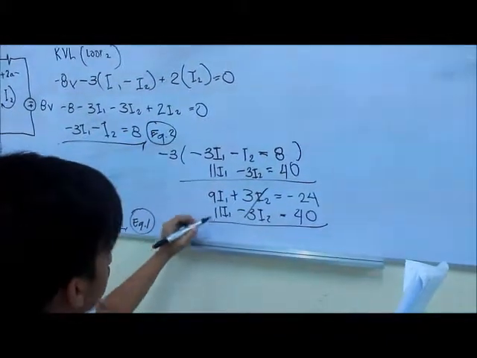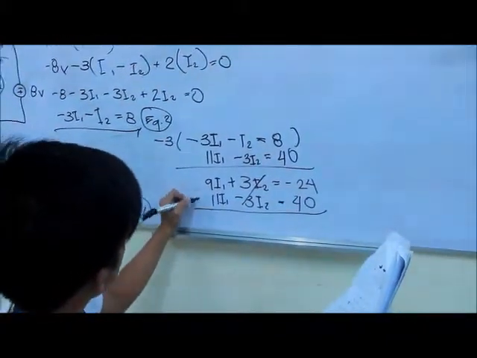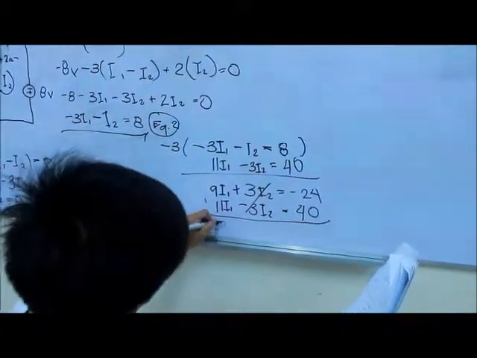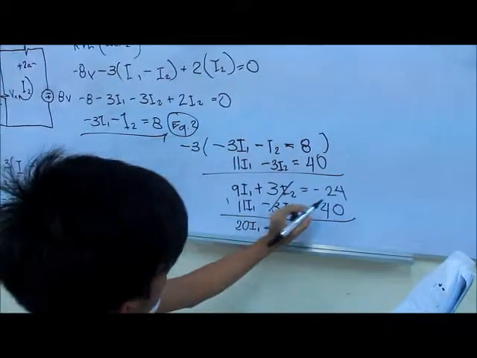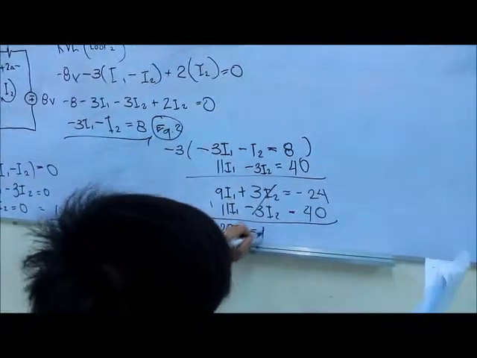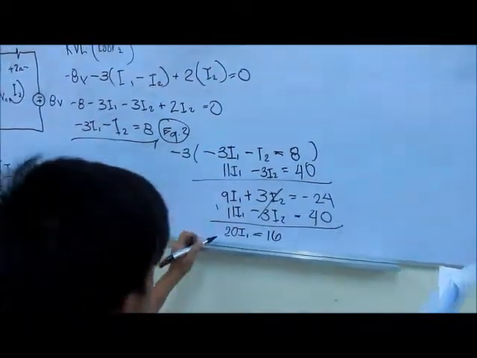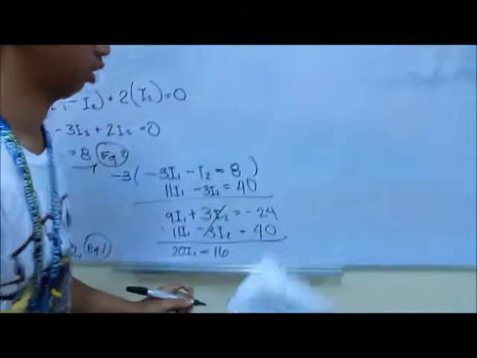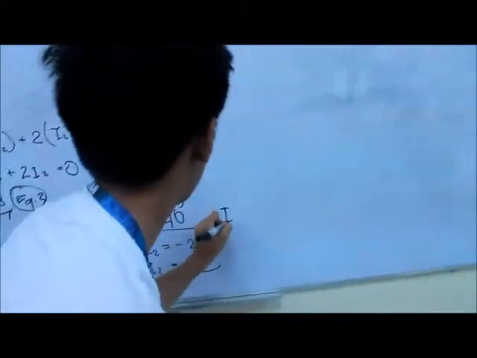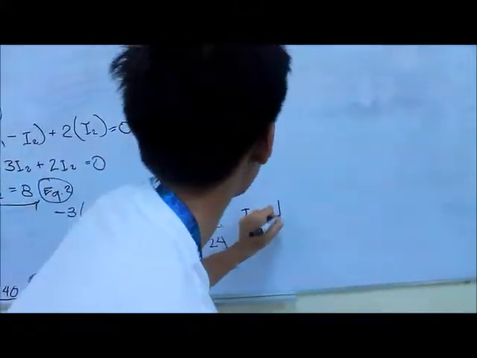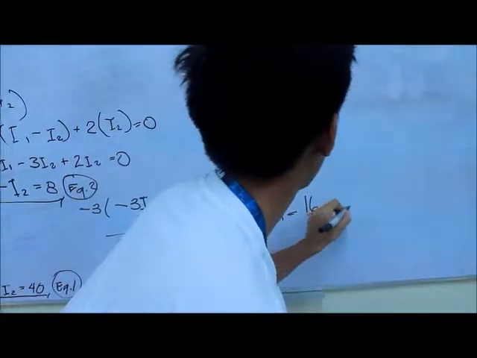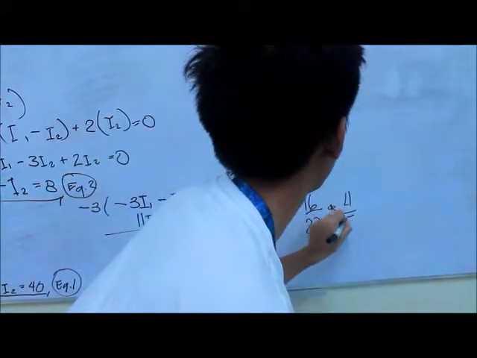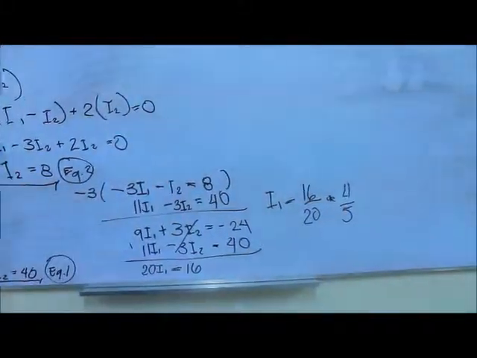Cancel this and 20 minus 1 is equal to, then this will become 16. So I1 is equal to 16 over 20 or 4 over 5. So now we get the I1.